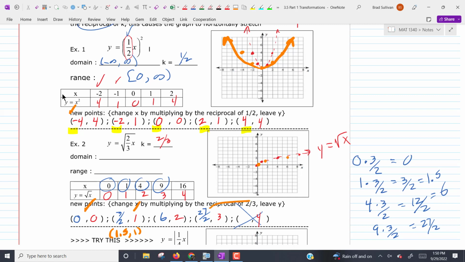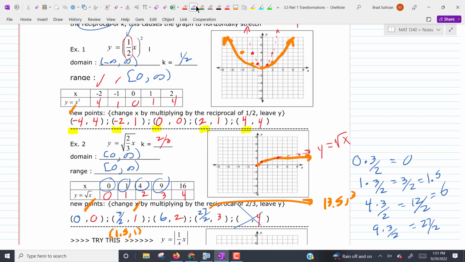I think 27 over 2 is 13.5, and then 3 like that. This one doesn't look like it's affected much, but it's a little bit under that graph like that. Okay, so that's how it goes. All right, this one you would end up having the domain is going to be 0 to infinity. The range is also 0 to infinity like that.